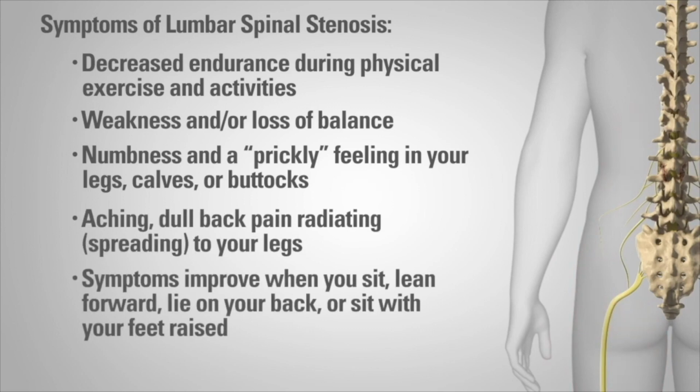However, these symptoms may improve when you sit down, lean forward, lie on your back, or sit with your feet raised. You may experience neurogenic claudication, and if you're experiencing any of these symptoms, you may visit your physical therapist for a correct diagnosis.